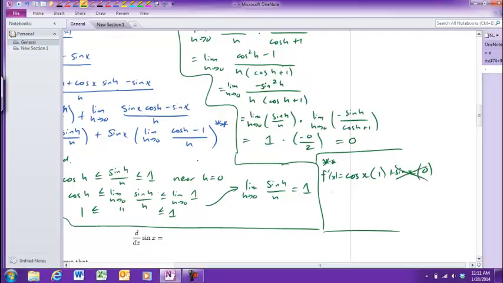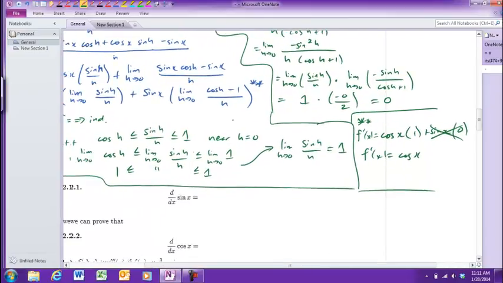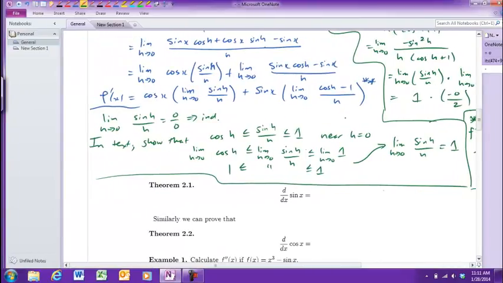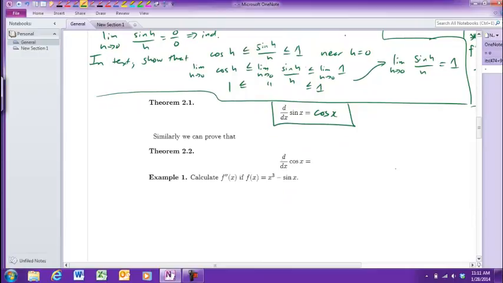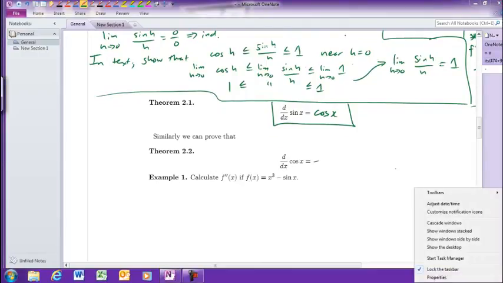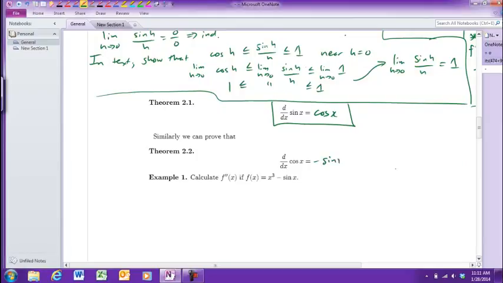That dies off, and we just get f prime of x equals cosine x, which was what we were expecting, because that's what we saw from the graph. So the derivative of sine x equals cosine x, and the derivative of cosine x, we can do a similar kind of calculation up there to show that this is equal to negative sine x.